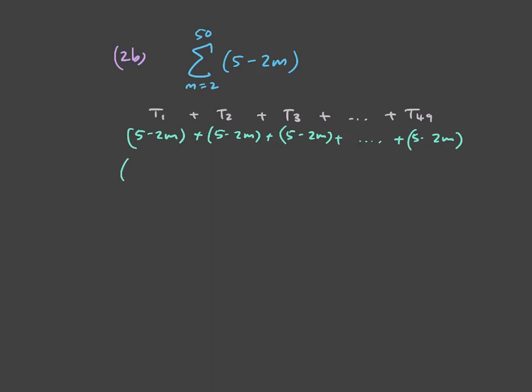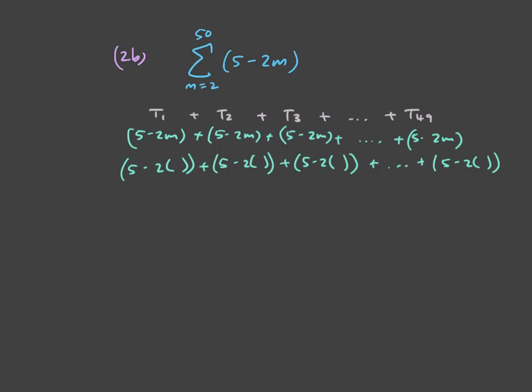What we're going to do is say 5 minus 2, and we're going to start with the bottom counter, then we're going to go 5 minus 2, 1 up from the bottom counter, 5 minus 2, 1 up again from the bottom counter, and so on until we reach the top counter. So what's the bottom counter?